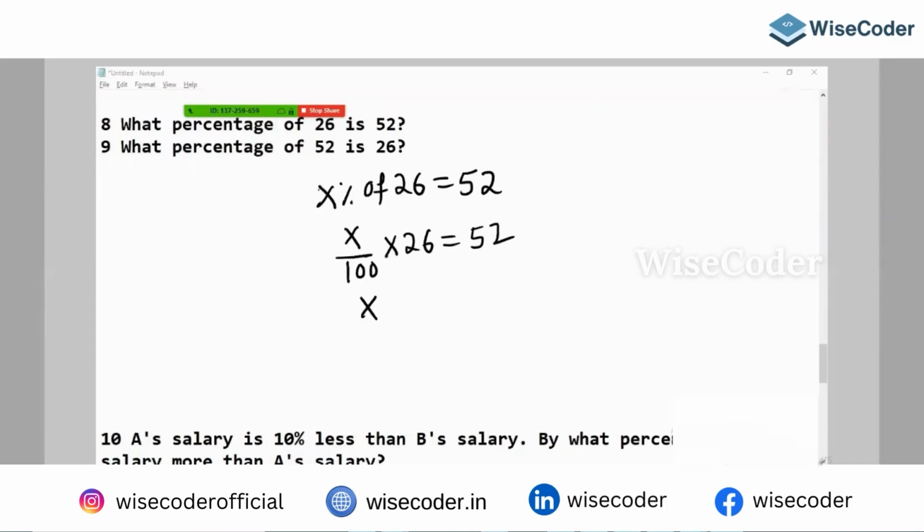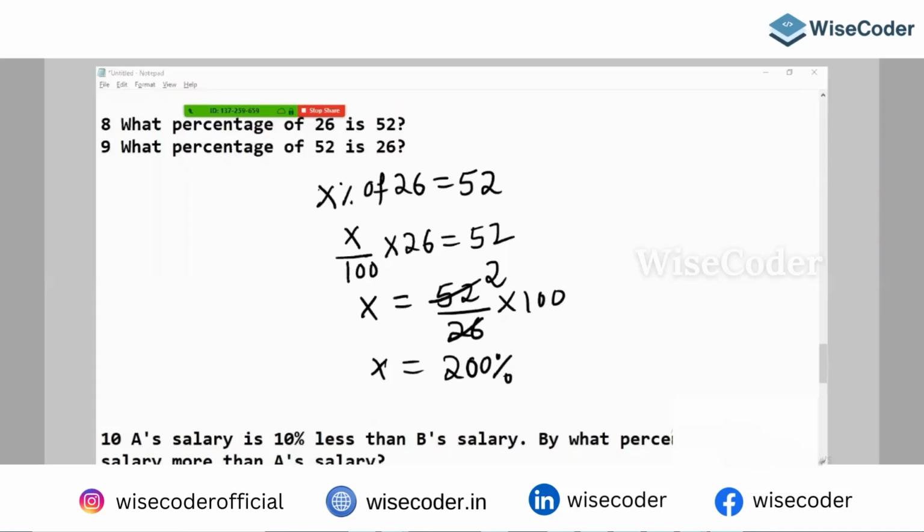So x equals 52 by 26 into 100. 26 ones are 26, 26 twos are 52. So x is 200%. So what percentage of 26 is 52? x percent of 26 is 52. If you rearrange that equation, you will get your answer.